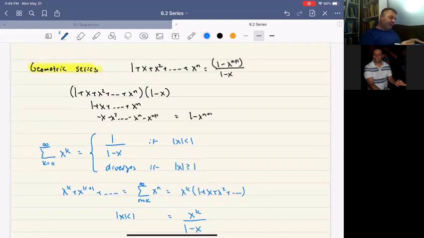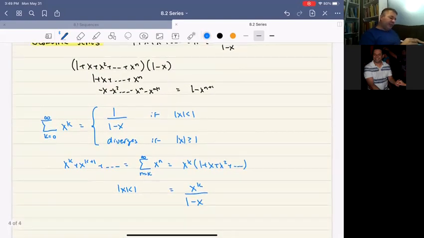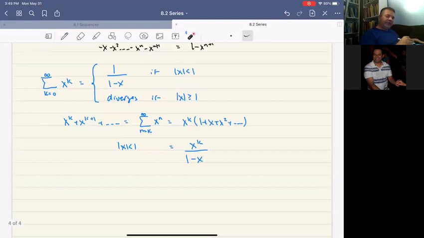So we can extend this. We can say that the sum n goes from k to infinity of x to the n is x to the k over 1 minus x.